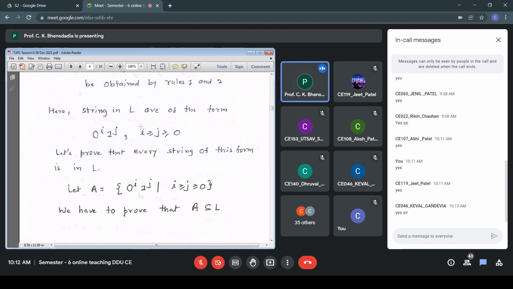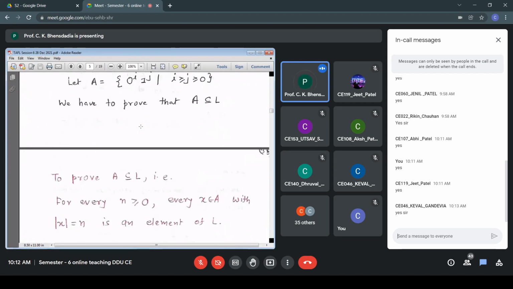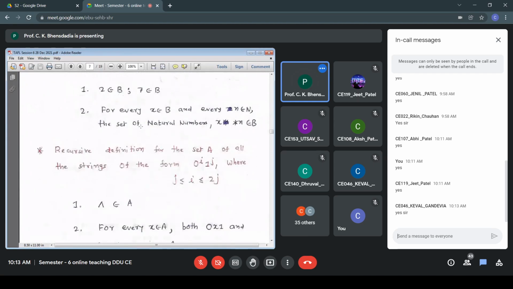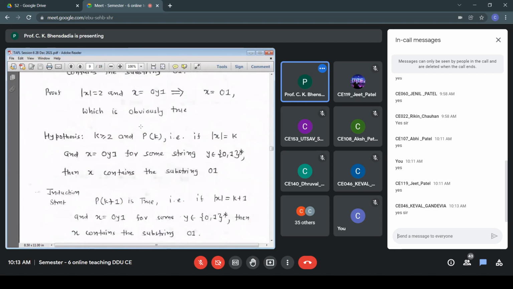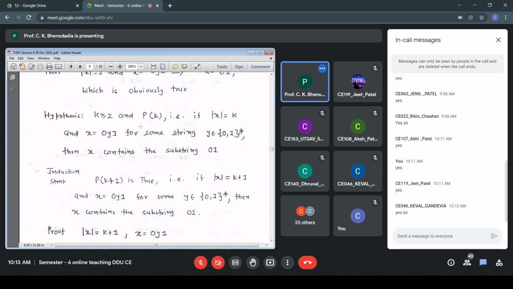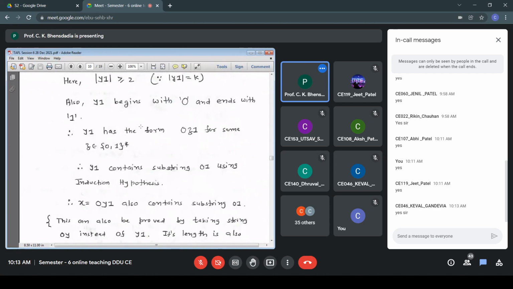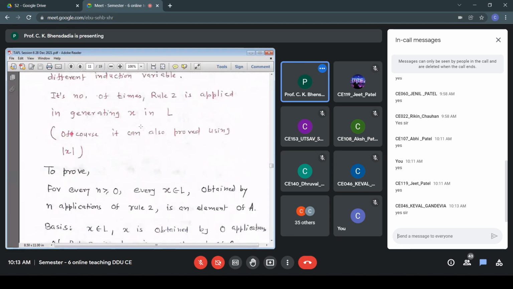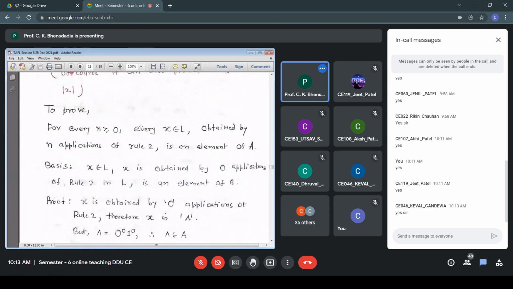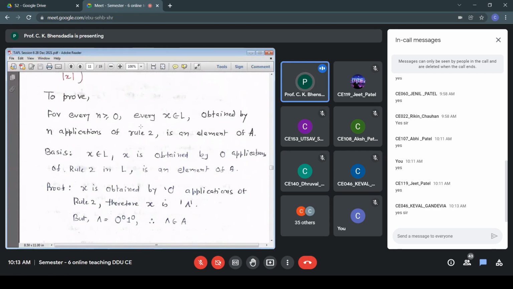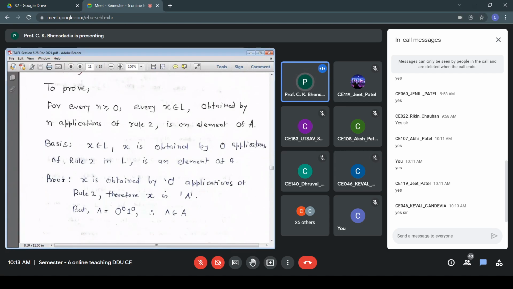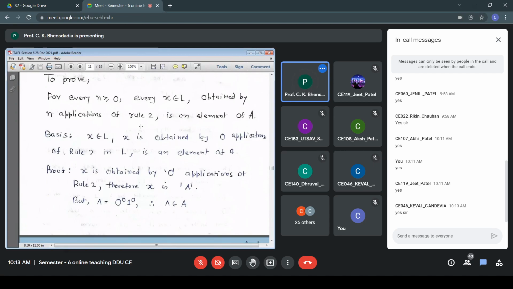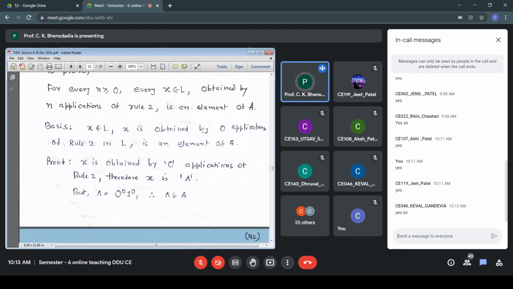That is how it is present in A. So that is my proof for the basis. X is obtained by 0 applications of rule 2, x is null, and it is present in A because null equals 0 raised to 0, 1 raised to 0.